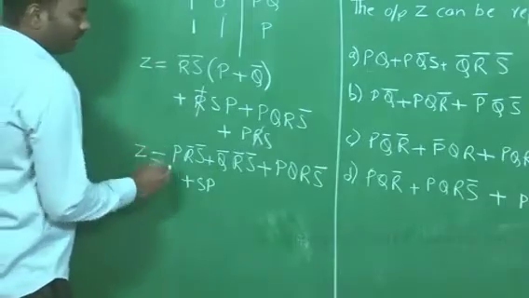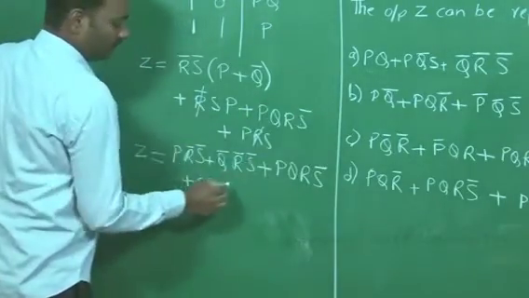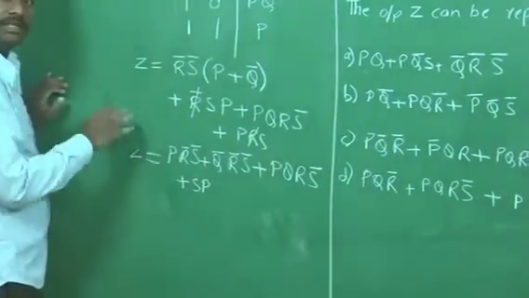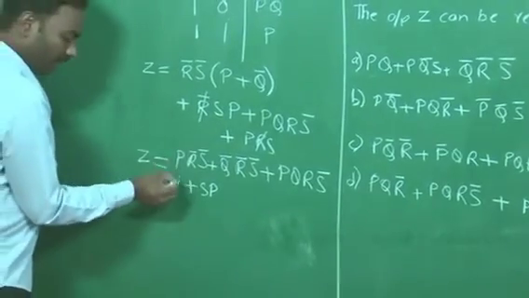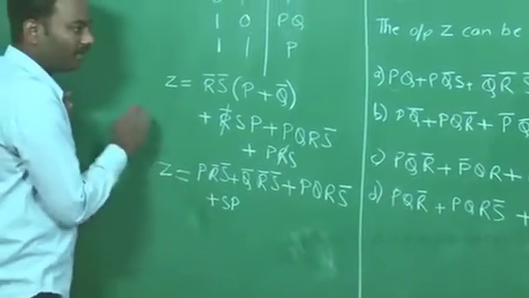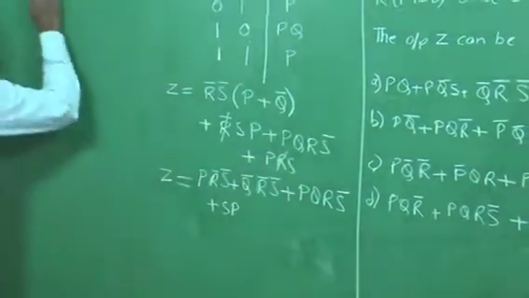Now, as it is difficult to compare the Boolean expressions from the given options, let us switch to the method of K-map, for which we will write the K-map for this one and compare the options from the K-map.